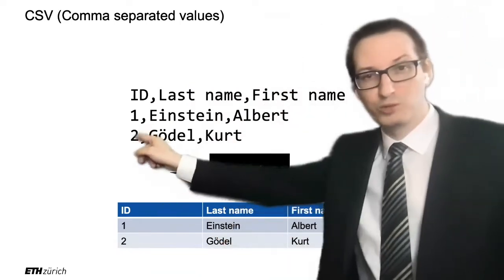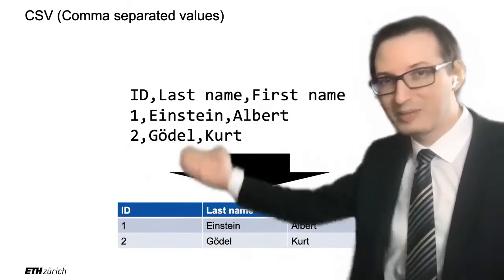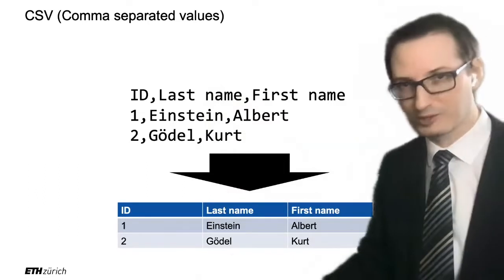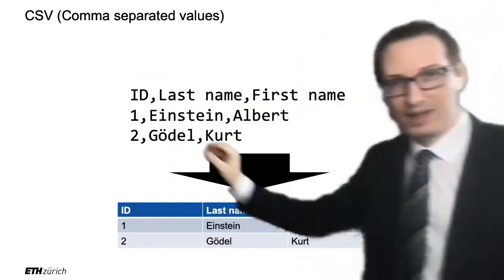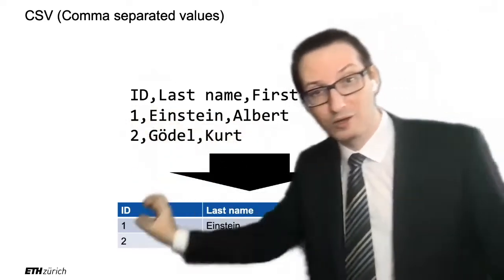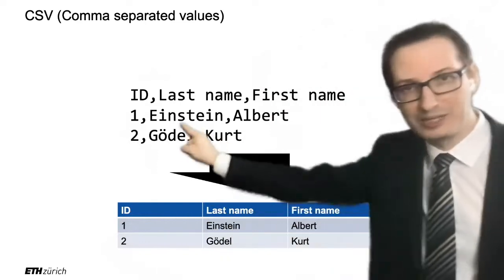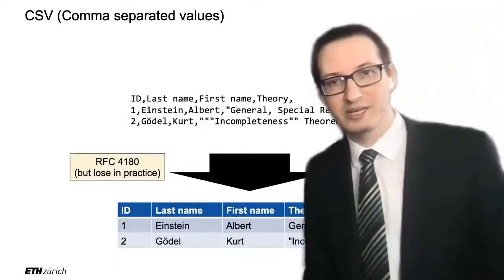So as you can see, we use commas to separate the cells of the table. If you look at these two, you will immediately understand how CSV works, right? So the first row is typically the header with the names of the columns. And then each line of the text file corresponds to one row of the table, and each comma separates the columns. So this is CSV.